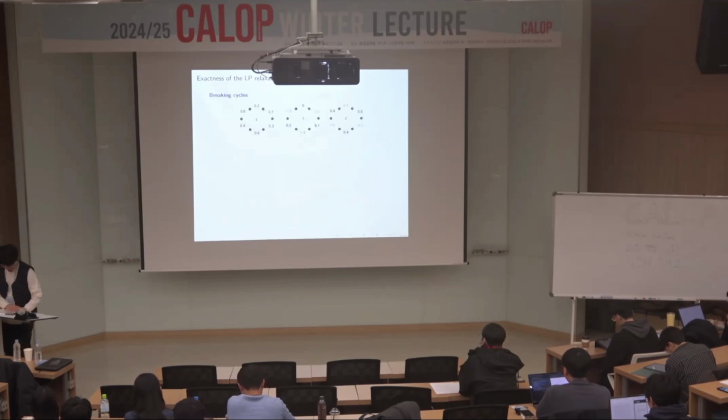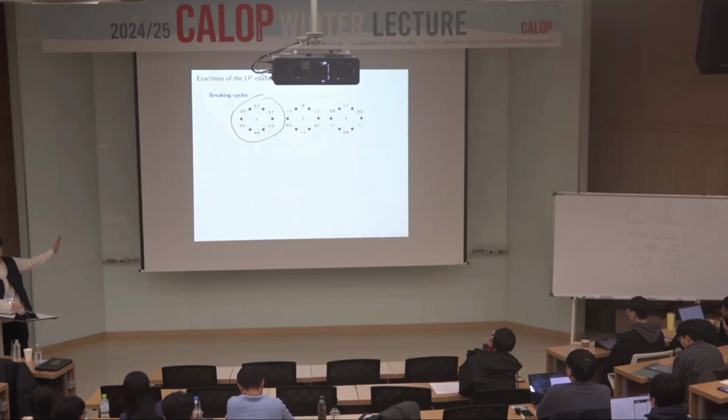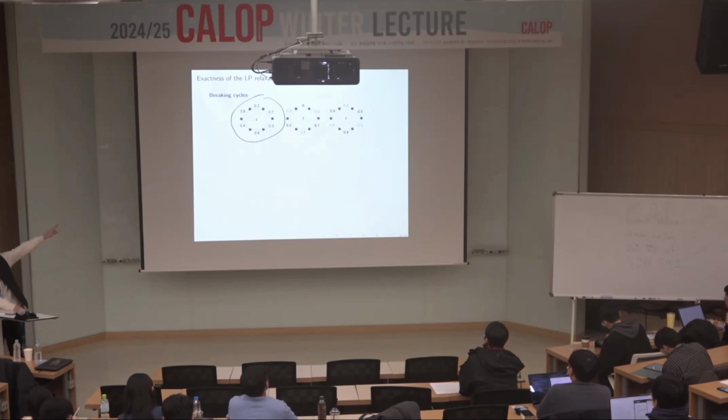Okay, so let's say I have a cycle like this. Note that this has to be even because we have a bipartite graph. And I have these edge weights written in this way. If this is a cycle, you can argue that all edges have values strictly between 0 and 1.